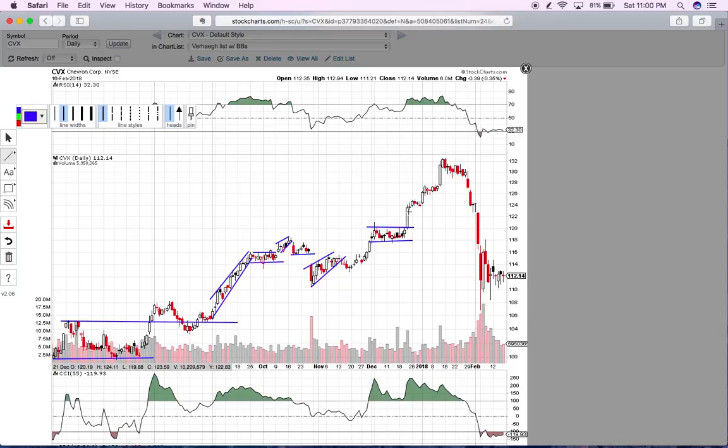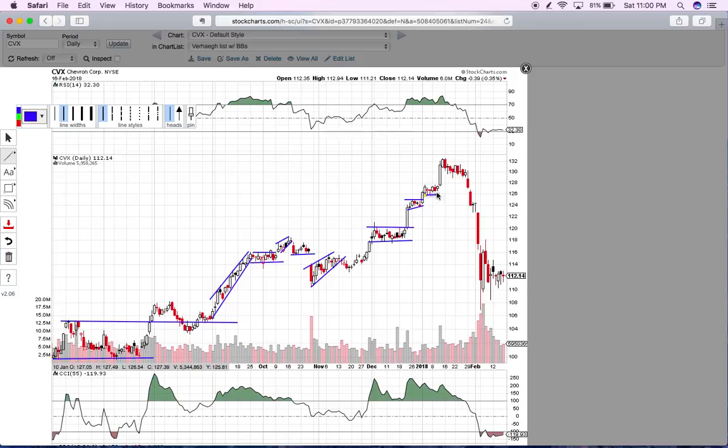Price goes up. And then this creates a flag pattern, which in the next video we're going to talk about chart patterns. But this is called a flag pattern. That's the flag pole, and then it creates like a little flag here. Once it breaks up above that flag, it goes up some more.